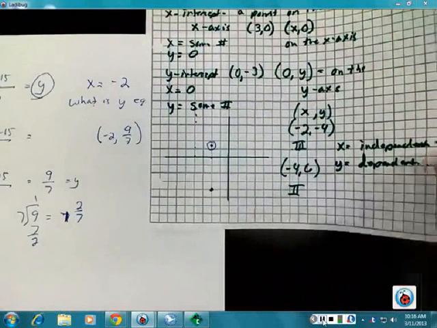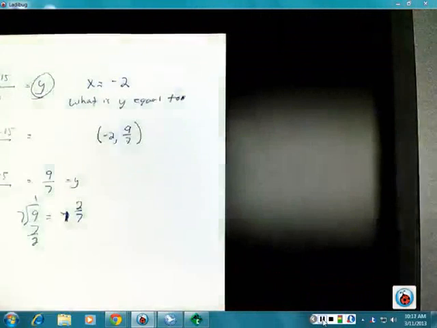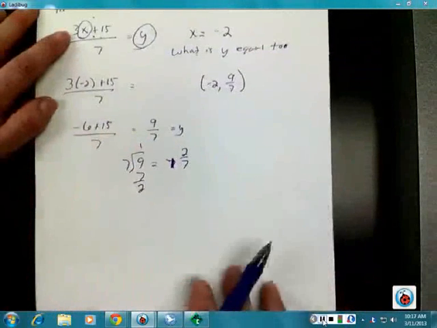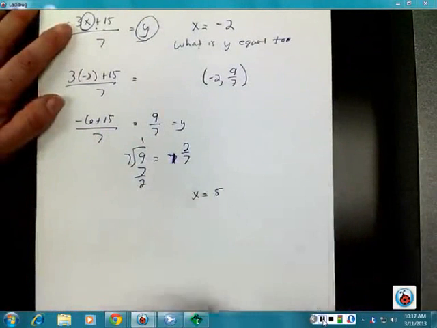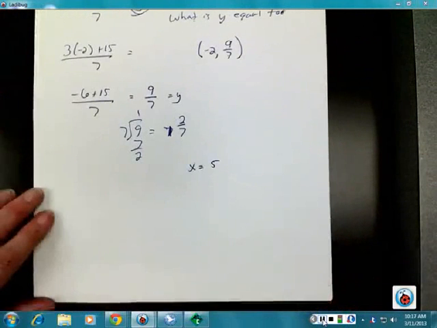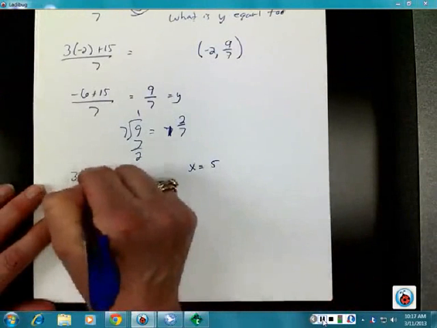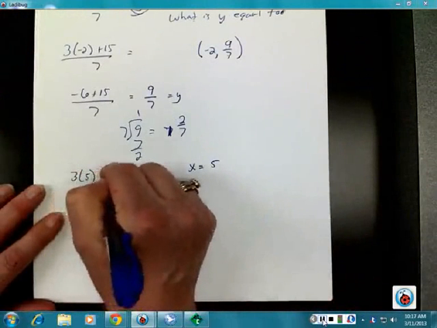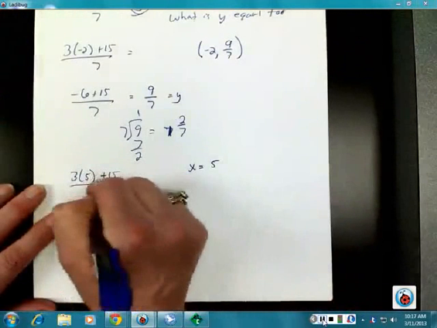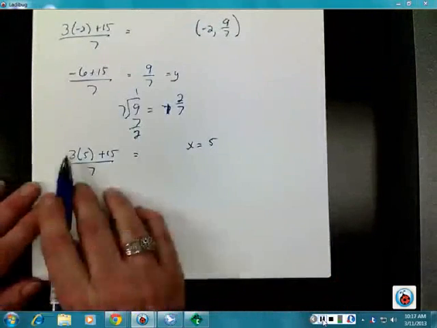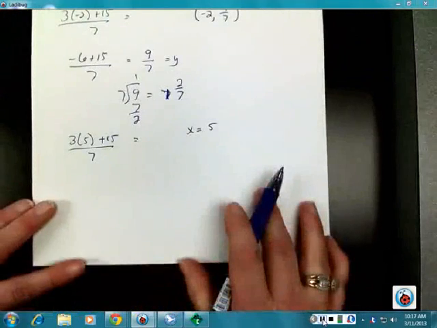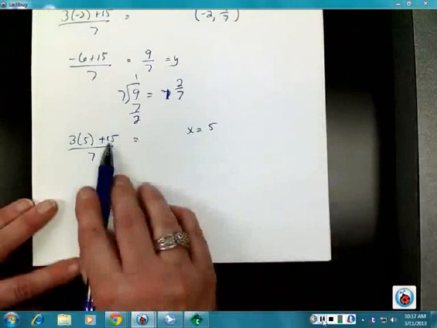So then if on the same equation they were to tell me that x equals 5, what would y equal then? So then I would say 3 times 5 plus 15 over 7. And what would I get now? So 3 times 5 is 15. 15 plus 15 is 30.